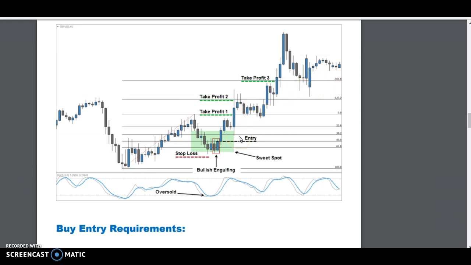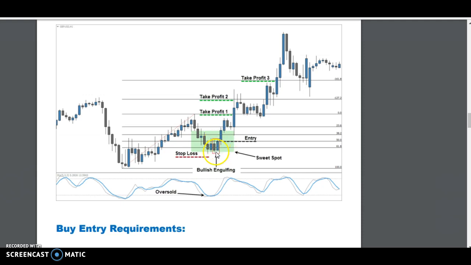Three things should be observed here. We need a price swing if you are going for a bullish market, and then we wait for price to retrace to our sweet spot, which is between 61.8 and 38.2 Fibonacci retracement. The next signal that we look for is our bullish candle, because we are going for a buy.